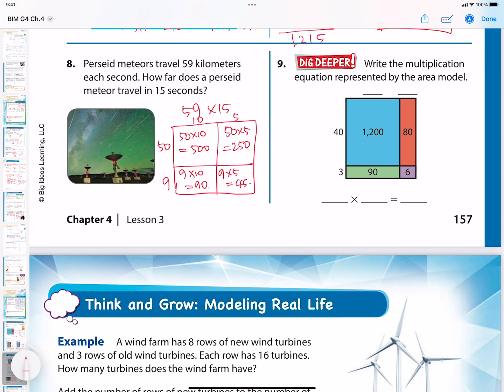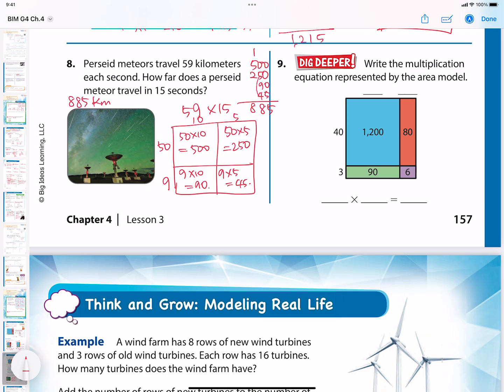So we don't have enough space, so you can use your notebook, okay? 500 plus 250 plus 90 plus 45. 5. And 9 plus another 9, right, is 18. Carry 1 up. And 3 plus 5 is 8. So the answer is what? 885 kilometers.